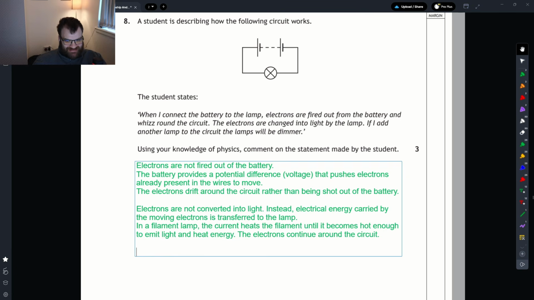Next, they talk about adding another lamp and making the lamps dimmer. It depends on if it's going to be series or parallel. If it was in series, that would increase the total resistance. Resistance opposes the current, so the current would decrease, which would decrease the power, which would make it dimmer, like they said.